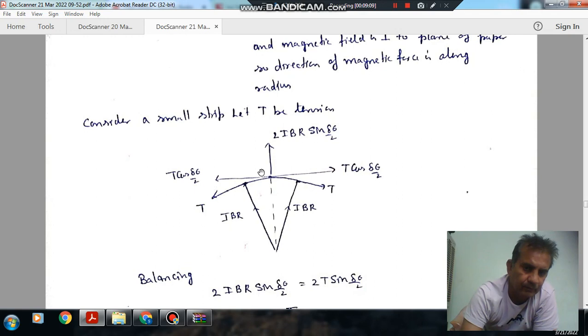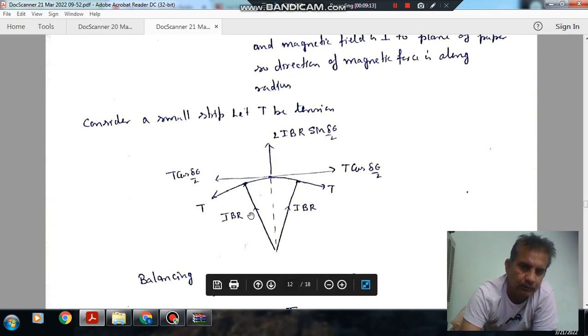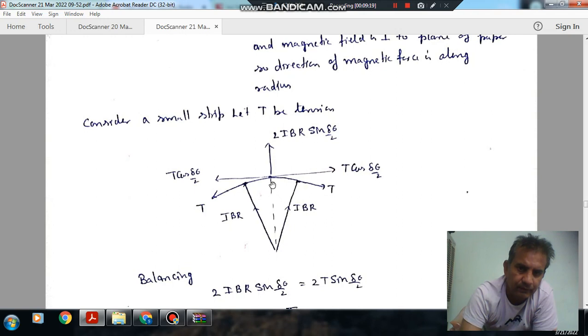Suppose T is the tension, and considering a small portion of wire, suppose this is del theta, and this is IBR, this is IBR, and the resultant of this will be in the vertical direction, and this angle will be del theta by 2.